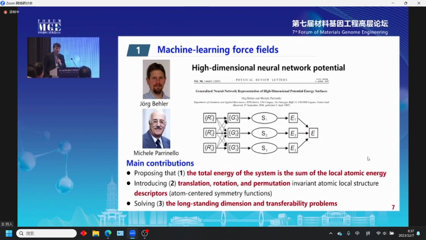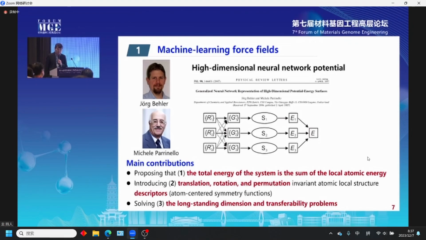In this machine learning force field, he proposed that the total energy of the system is the sum of the local atomic energies, and then introduced translation, rotation, and permutation invariant descriptors of the local atomic environment, which include all kinds of atom-centered symmetry functions. This framework solves the long-standing dimensionality and transferability problems.